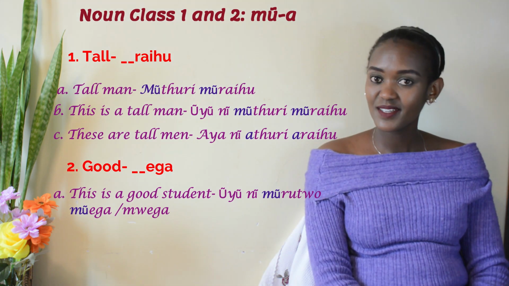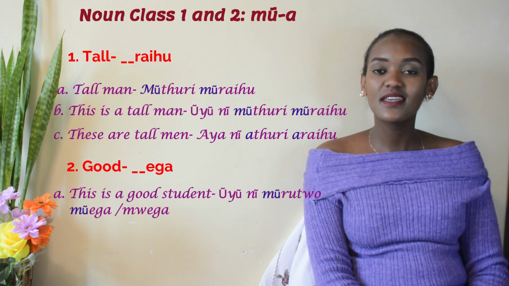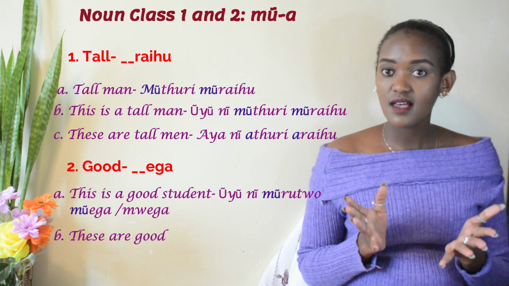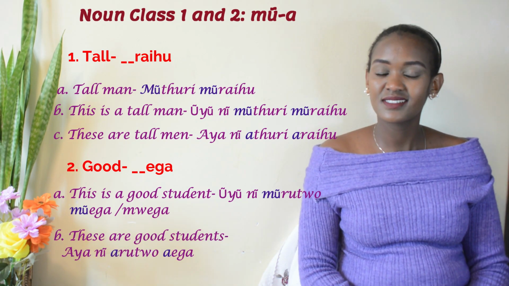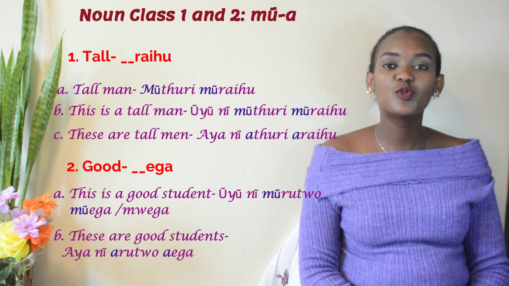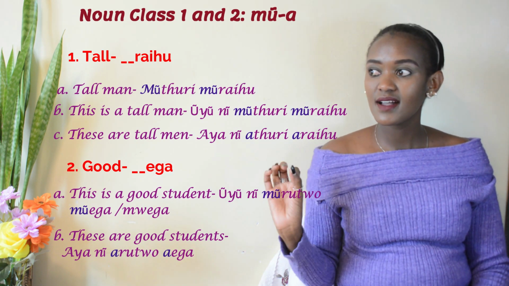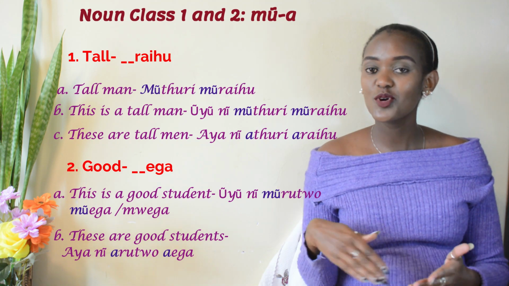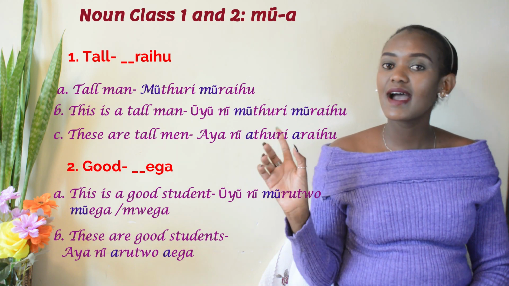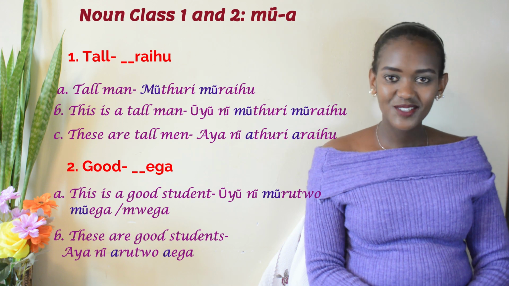Oyo ne murutuo mwega. Correct. And if we wanted to say these are good students, aya ne arutuo ega. So I said ega, but once you mix a and ega, the more you say it, you realize it will be ega. Aega, but it will be written as aega. Aya ne arutuo ega. Good.